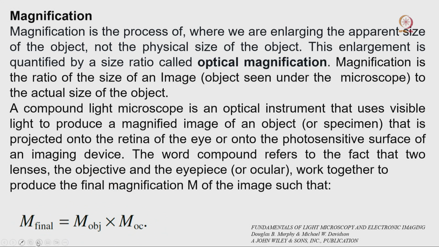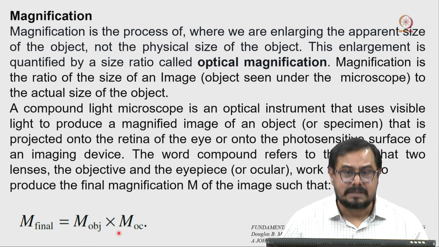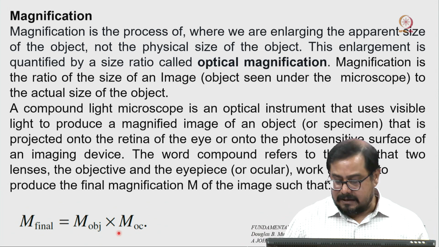When we are calculating the magnification, it will be the objective lens magnification multiplied by the ocular lens magnification. How we get this formula will come in a later slide.